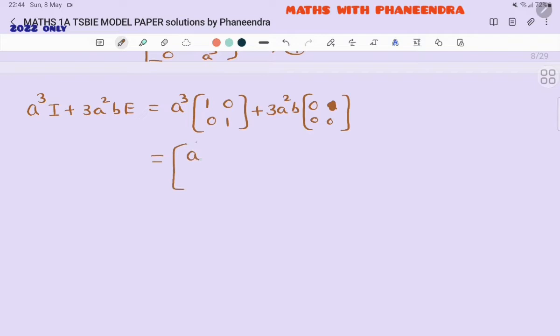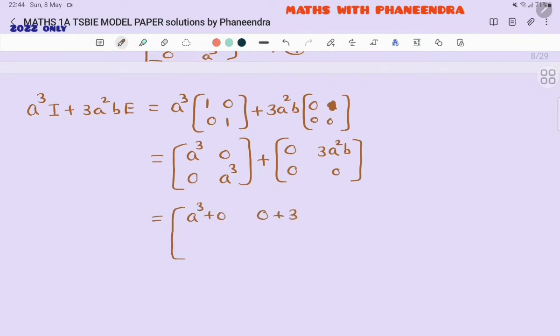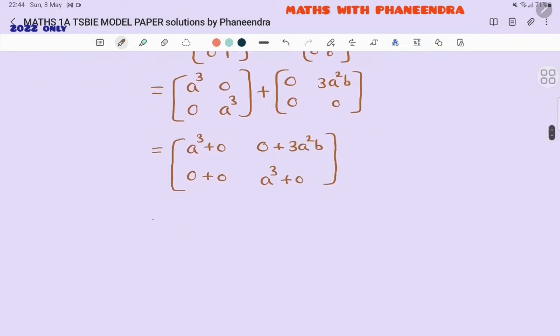Each and every element multiplying by A cube: A cube, 0, 0, A cube, plus 0, 3A square B, 0, 0. Corresponding elements you have to add: A cube plus 0, 0 plus 3A square B, 0 plus 0, A cube plus 0, which is equal to A cube, 3A square B, 0, A cube, equation number 2.